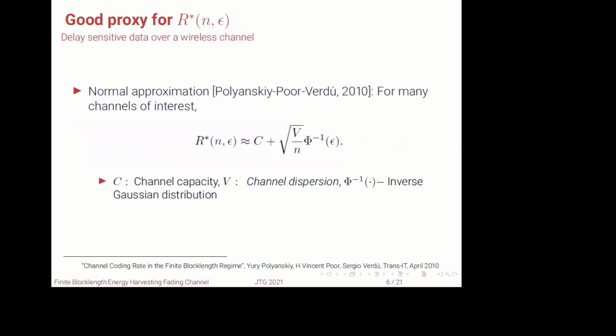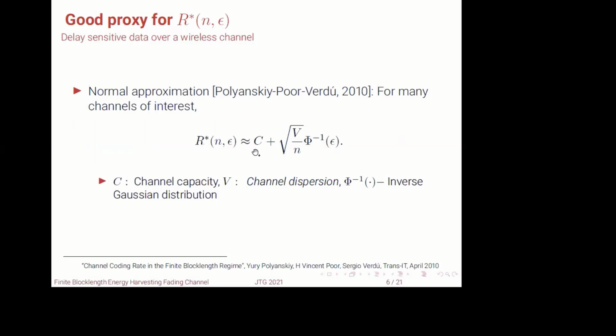In such a scenario, it was shown in this 2010 work by Polyanskiy-Poor-Verdu that for many channels of interest, this R star in n epsilon can be reasonably well approximated by this expression that you see here. It is what is known as the normal approximation, as it results from a central limit theorem kind of analysis.